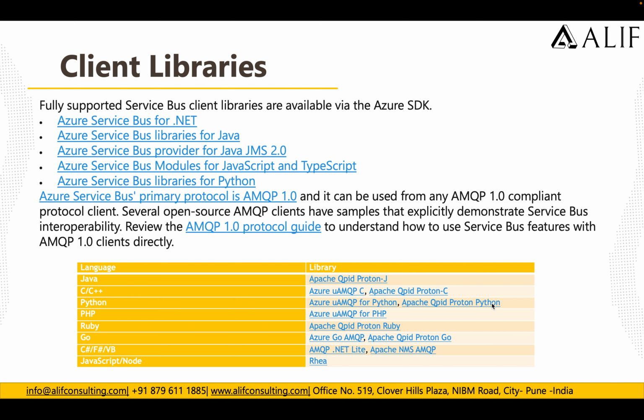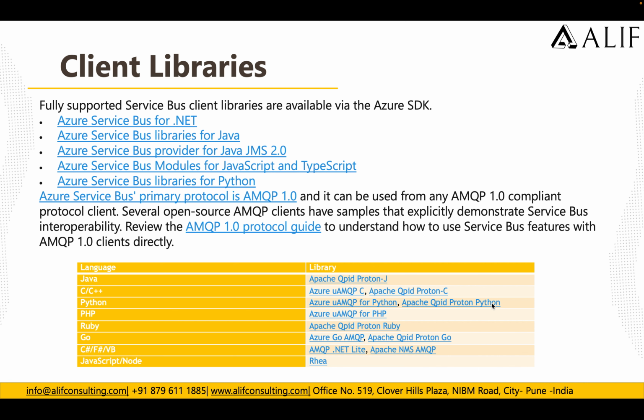Next, Azure Service Bus's primary protocol is AMQP 1.0, and it can be used with any AMQP 1.0 compliant protocol clients. Several open source AMQP clients have samples that explicitly demonstrate Service Bus interoperability, like how exactly you can run the operations.